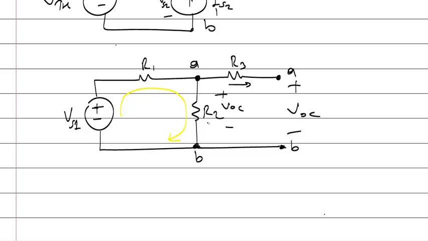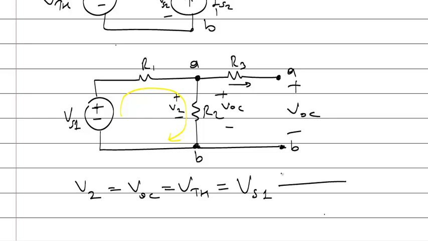Okay, so V2, the voltage of this resistor, is equal to the open circuit voltage, which means the Thevenin voltage. It is the total voltage, I apply the voltage division rule, times the resistor of this voltage, divided by, can you remember?